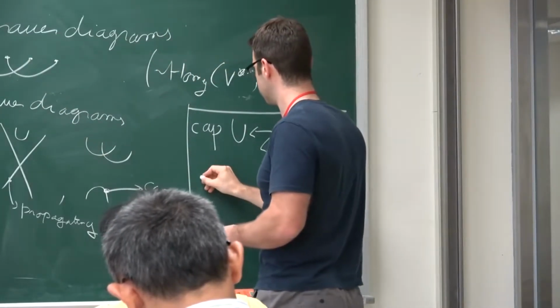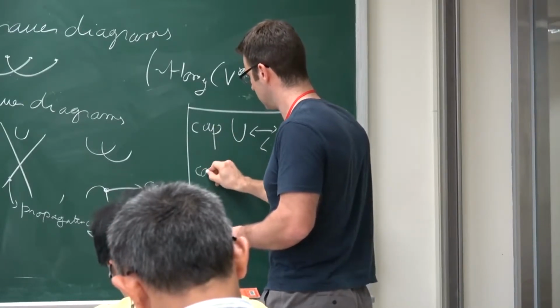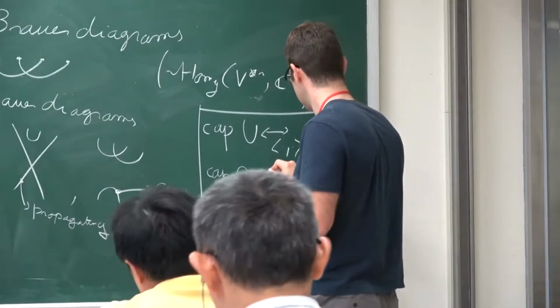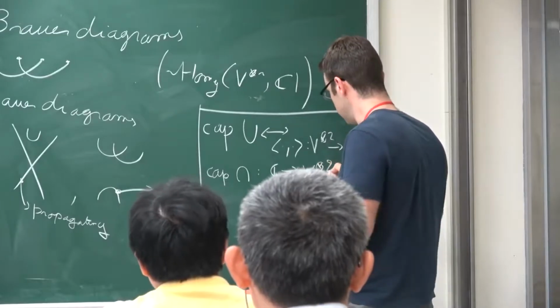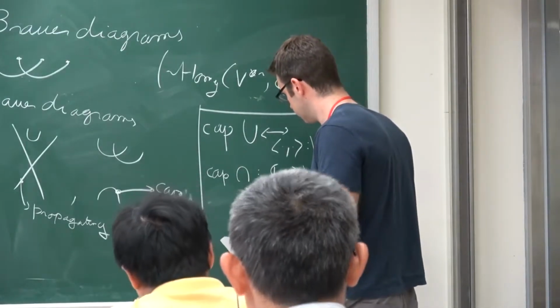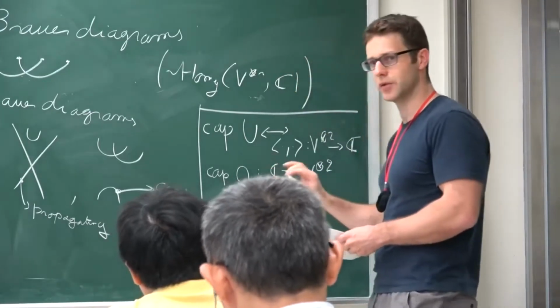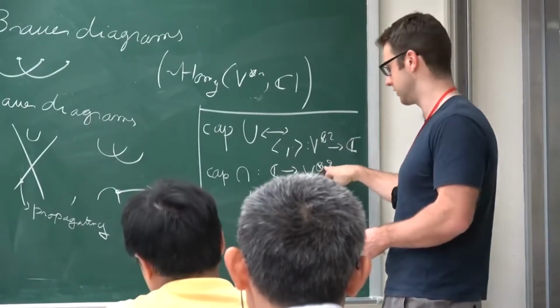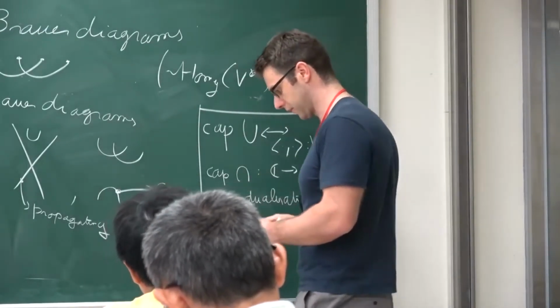That's the cup. And the cap will work in the opposite direction. That's just the dualization. If I use the self-duality of V, it means that if I have a morphism in this direction, I should have one in the other direction. And that's precisely what this cap will be.